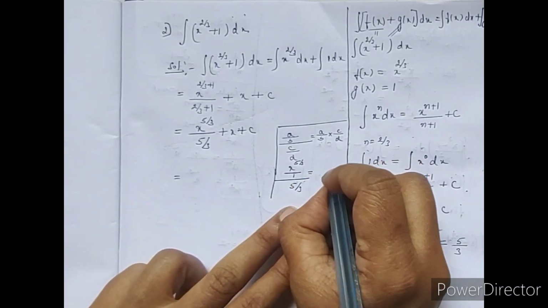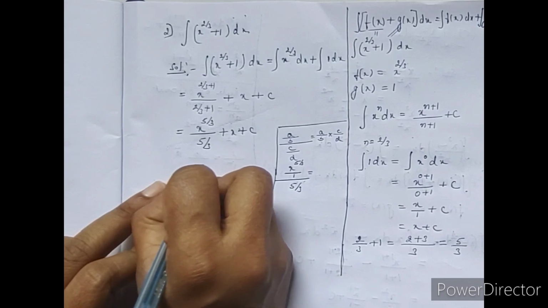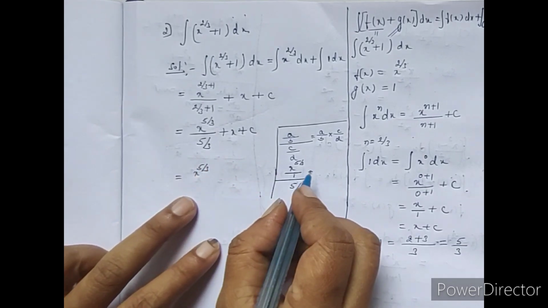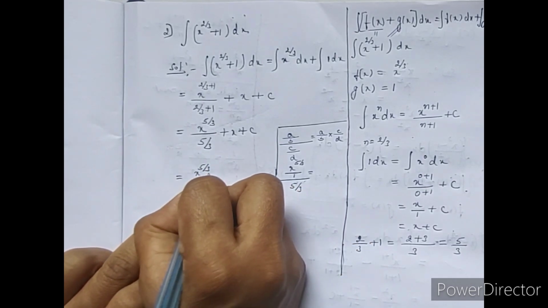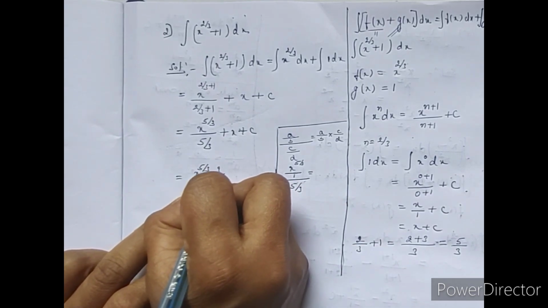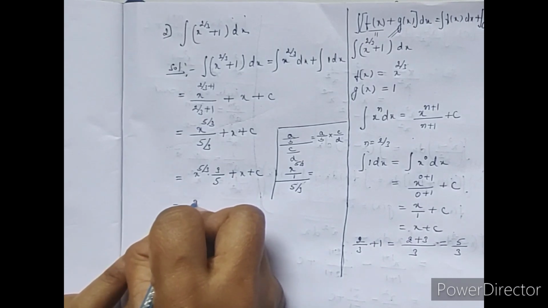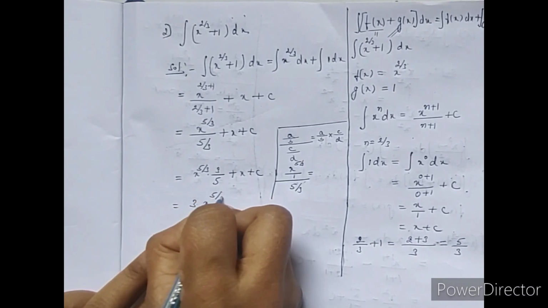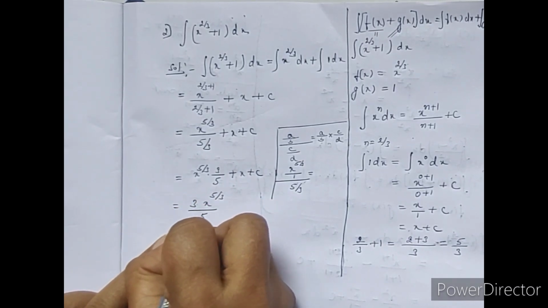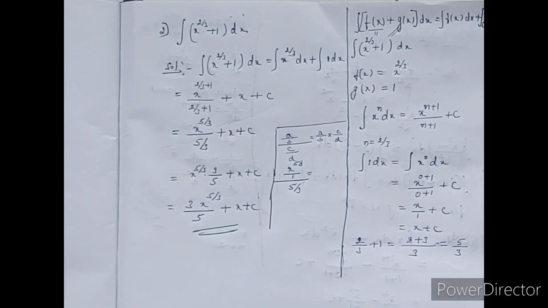So that is equal to x to the power of 5 by 3 into 3 by 5 plus c. So it is 3 into x to the power of 5 by 3 divided by 5 plus c. That is the solution.